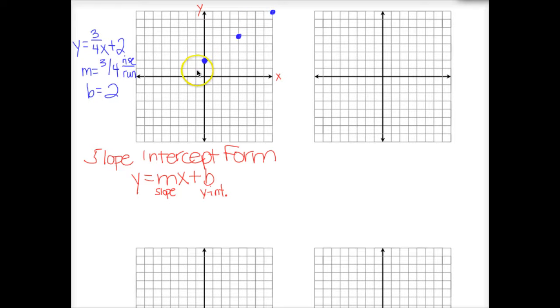Now, if you have room, you should continue, if you have the slope and the intercept, making dots till you're off the page, because remember that 3/4 can mean up 3, right 4, but it can also mean down 3 and left 4. Down 3 and left 4.